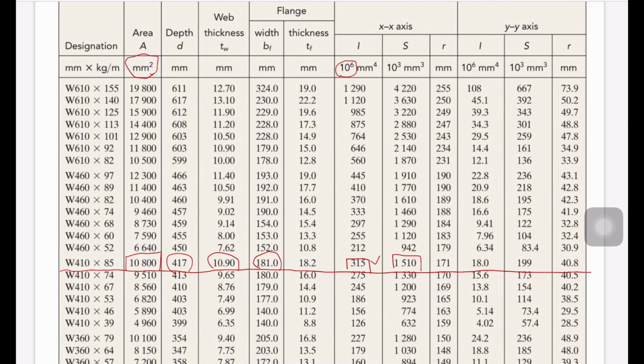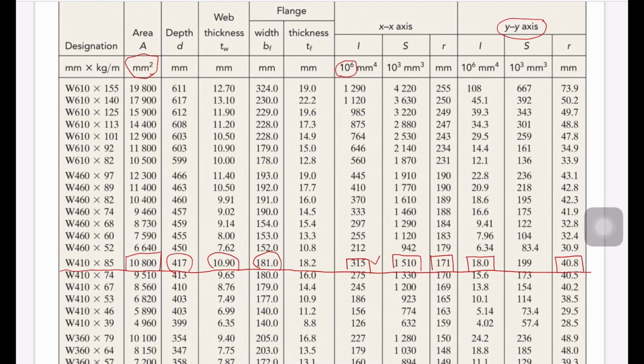Maybe we don't use these parameters. No problem. If it is the y axis, you need to use 18 times 10 power of 6. And R is already calculated for you, 40.8, and 171 millimeter. So you have to identify whether the question asks you about the YY axis or the XX axis.